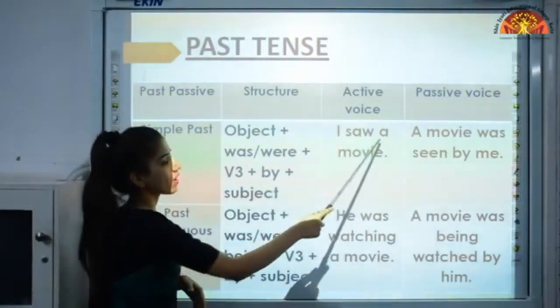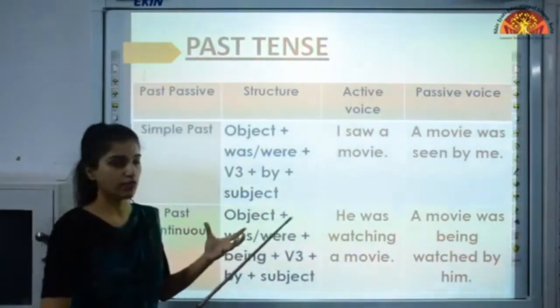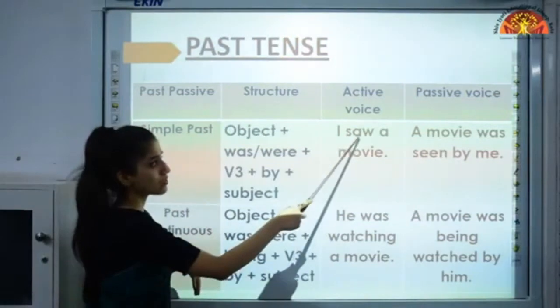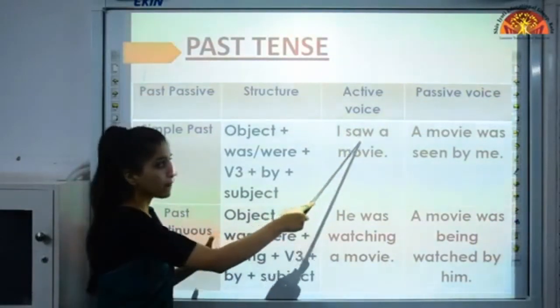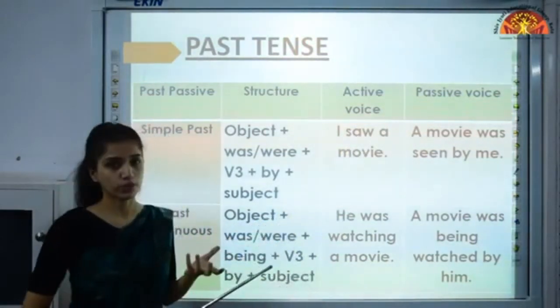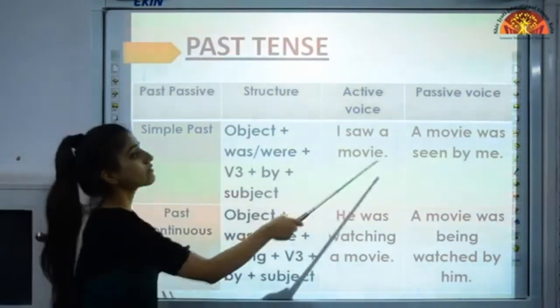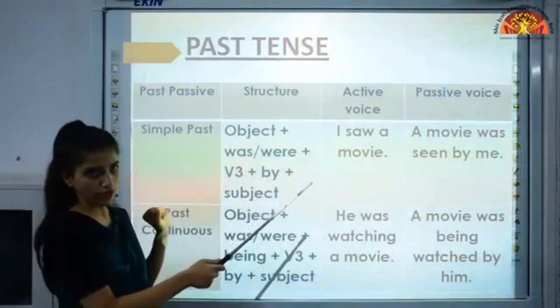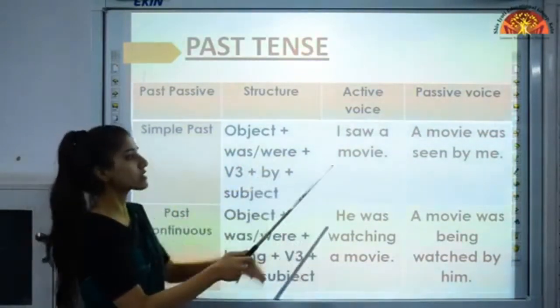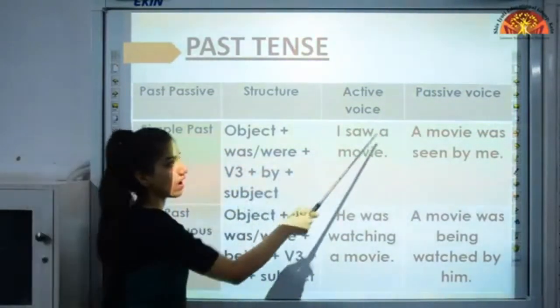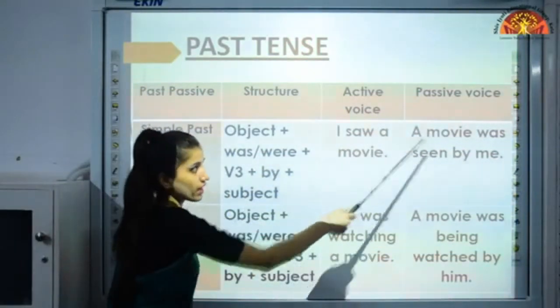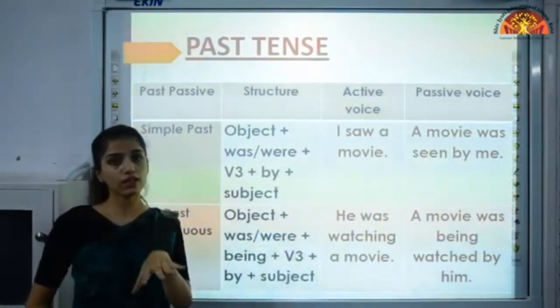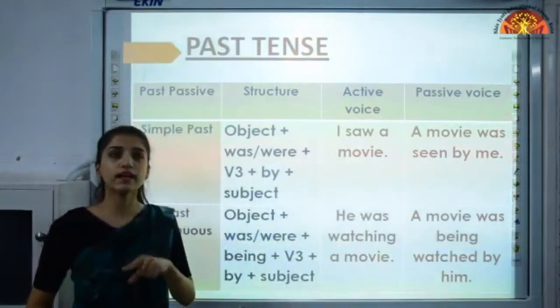I saw a movie. This is the active voice. Subject is I, saw is the verb, and a movie is the object. So now when we are converting this into passive, we will be doing it according to this structure. So what will come first is the object, that is a movie. We are just talking about a singular object, then was.